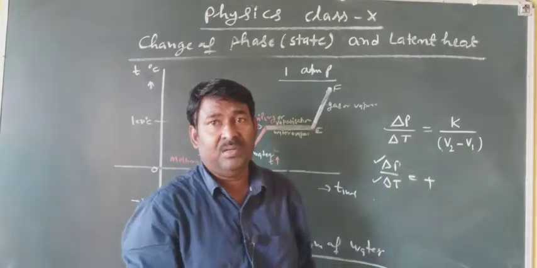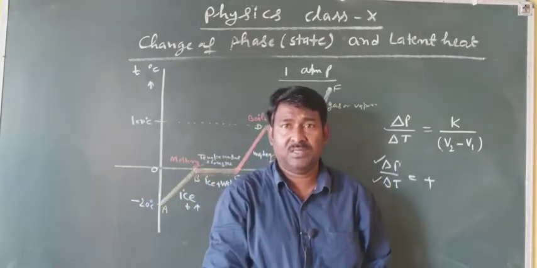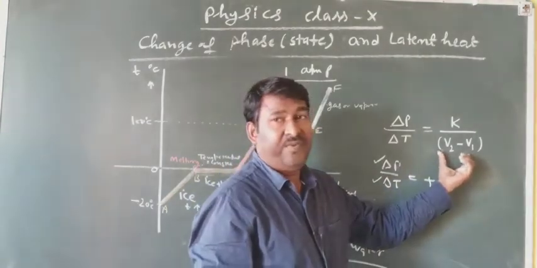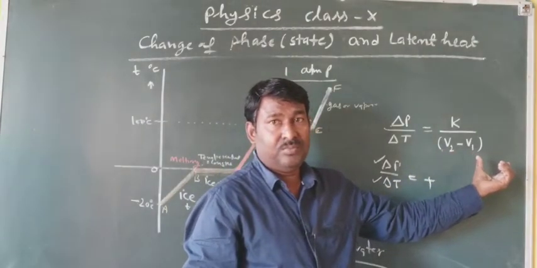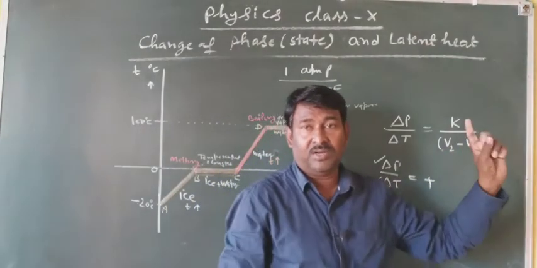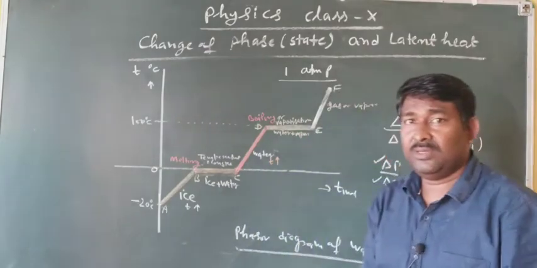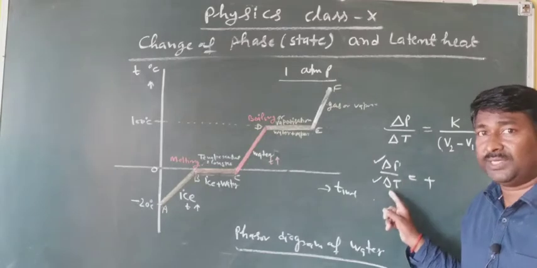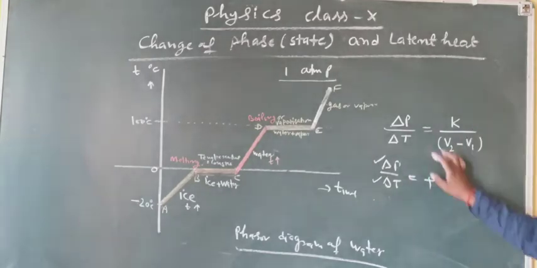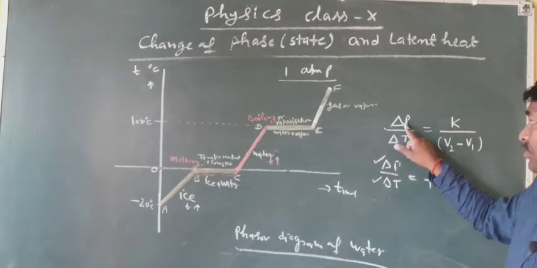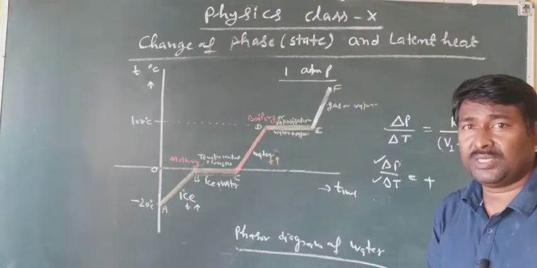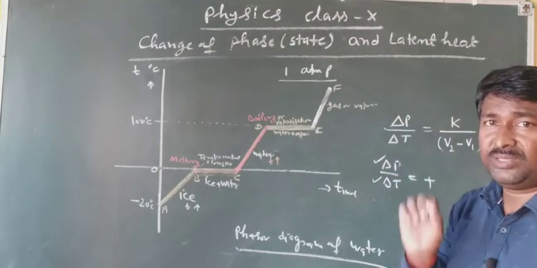For example, for the melting of wax, if wax melts, it forms more volume. Since after melting it forms liquid, and liquid has more volume than solid, this value is positive, and therefore due to an increase in pressure the melting point should also increase, and due to a decrease in pressure the melting point should decrease.